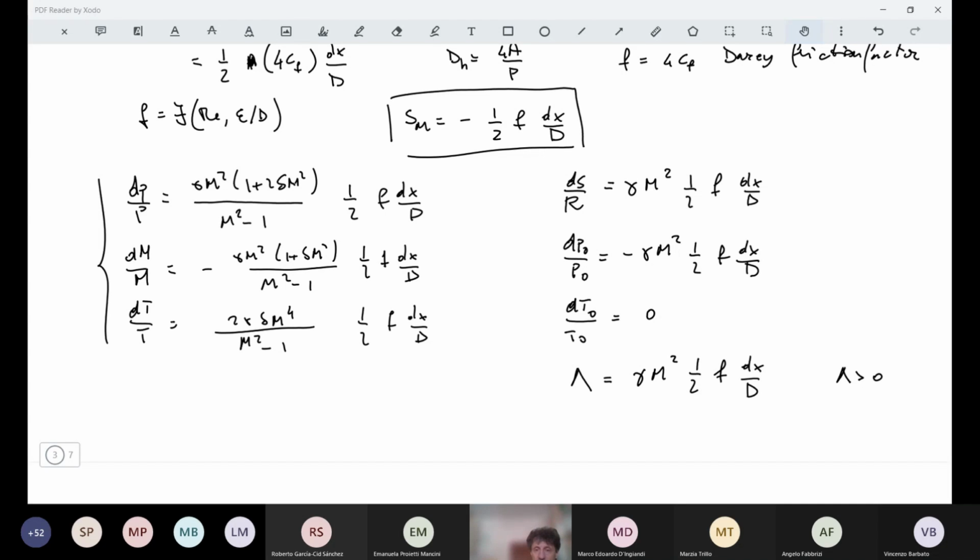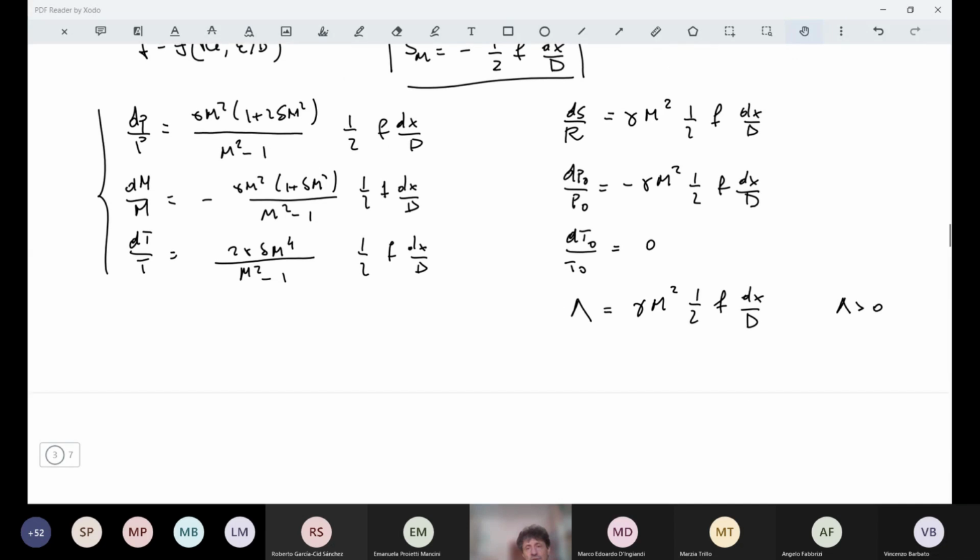So it can choke. It can reach choking conditions. It's similar to dA less than 0. And this can also be, let's say, to keep it in mind, we can imagine that the result of this friction is as if we have some thickness at the wall that makes the channel similar to a converging channel.